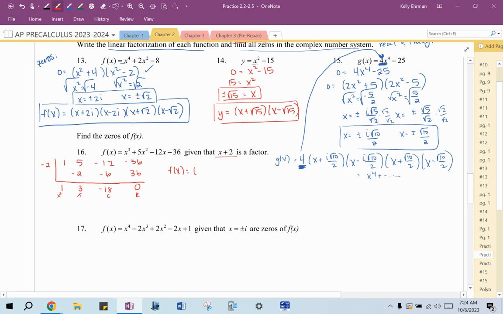So we know f of x is equal to x plus 2 times x squared plus 3x minus 18. We're trying to find the zeros, and the good news is that this factors into x plus 6, x minus 3. So the zeros are negative 2, negative 6, and positive 3.